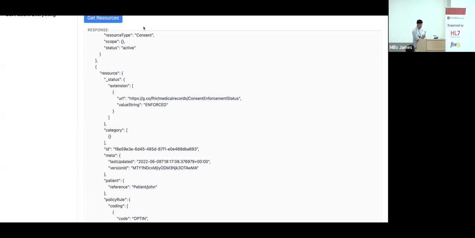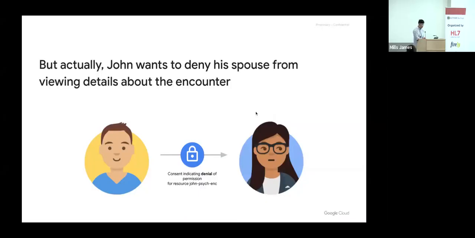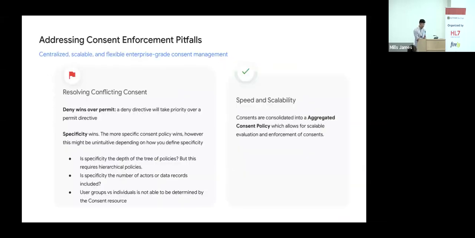So that concludes the live demo portion. I will leave us with one last slide. Let me go back to the slide. We've seen a variety of ways where you can create consent resources to enforce consent in a variety of scenarios, including allow and denying access.